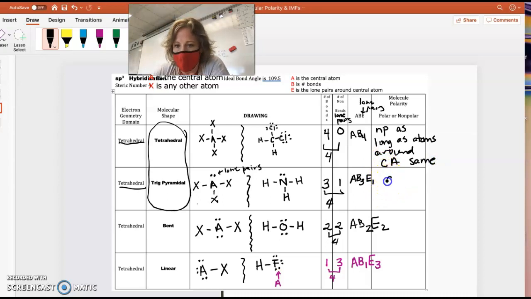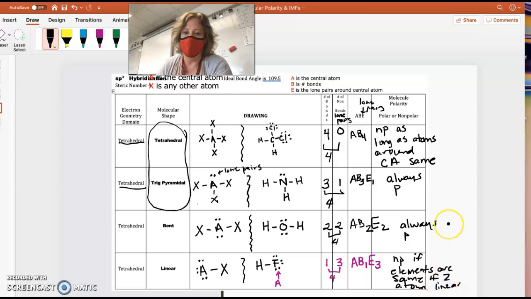Trig pyramidals are always polar. Bents are always polar. Remember, that was because of the lone pairs. And then linears, they're nonpolar if the elements are the same, if it's a 2-atom linear. And we'll talk about 3-atom linears in just a little bit.